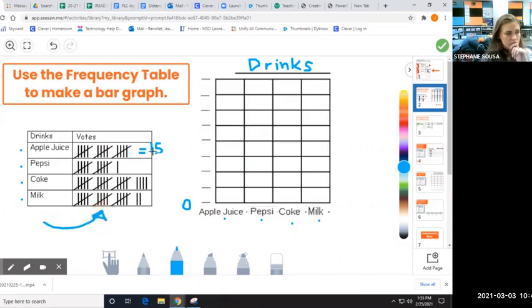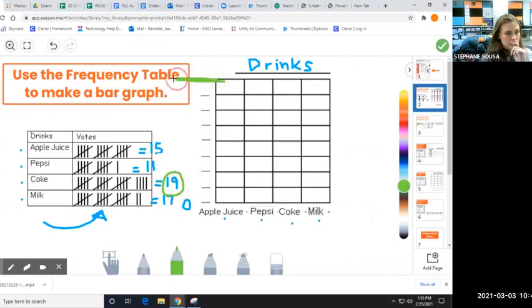I notice apple juice is 15. Pepsi has 11 votes. Coke has 19. And milk has 17. So my highest number in the data set is 19.